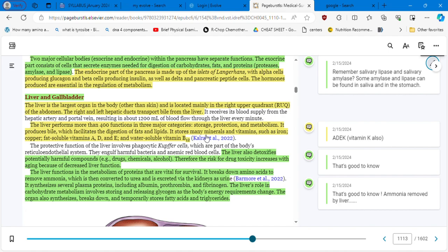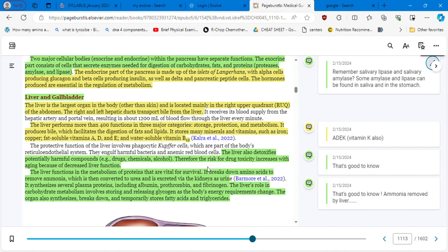It stores minerals and vitamins such as iron, copper, and fat-soluble vitamins like A, D, and E. And I think we are missing the K. See here, vitamin K is also fat-soluble, and water-soluble vitamin B12. So the liver also detoxifies, on top of everything else, potentially harmful compounds, drugs, chemicals, alcohol.